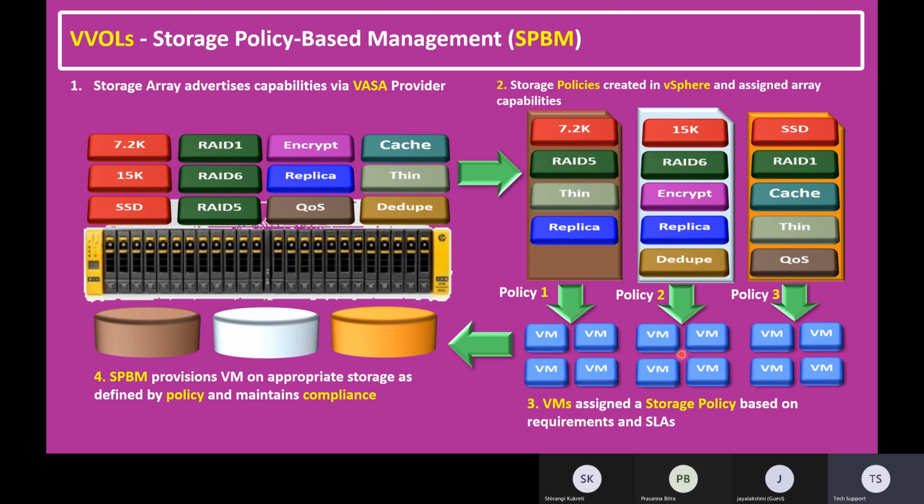And policy 2 VMs, it's the silver profile. So all the VMs come and are stored on the silver datastore. And even the gold VMs, all the gold VMs come and are stored in the gold datastore. But it cannot be mixed on one datastore. Okay, we have different storage containers. Clear? This is about the storage policy based management concept.